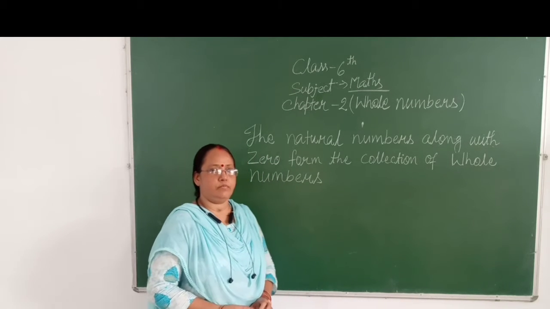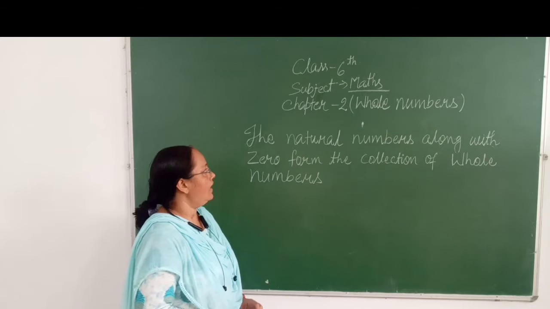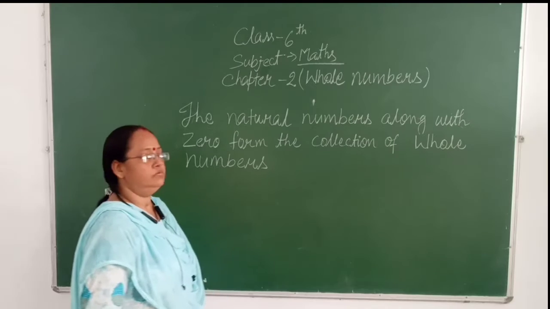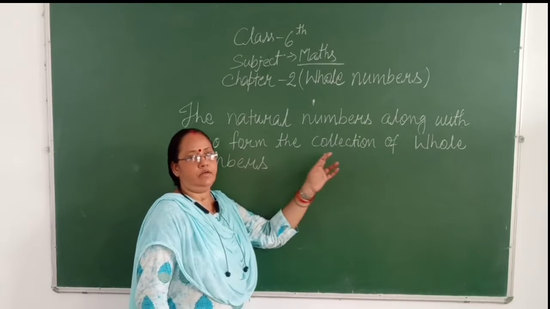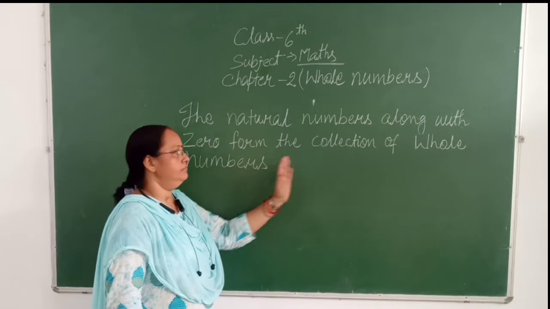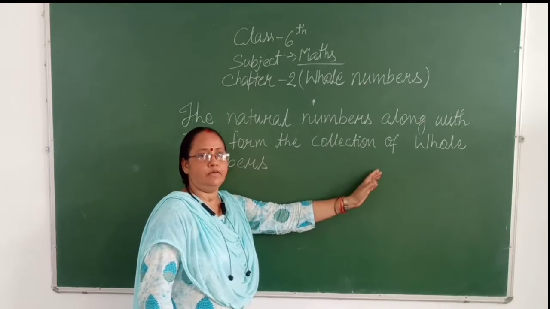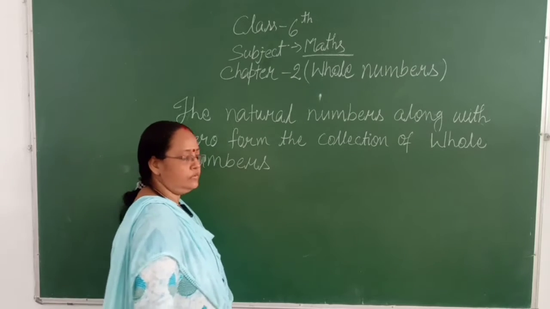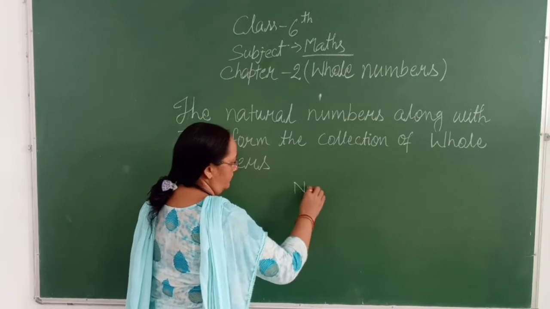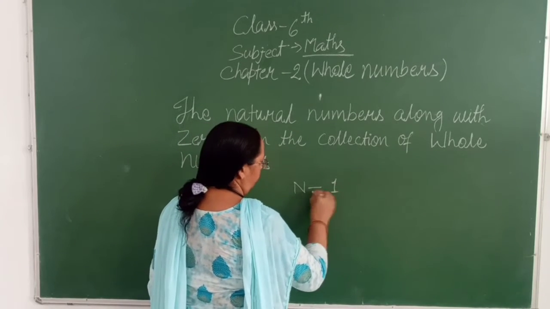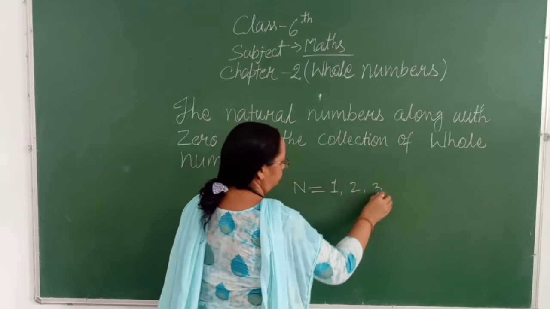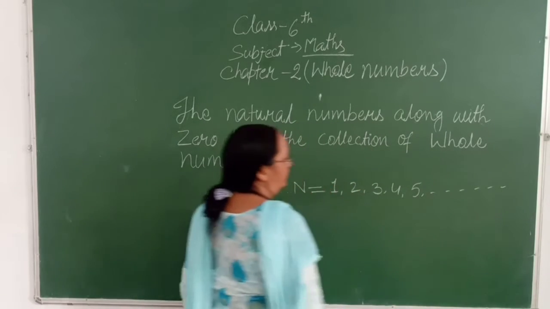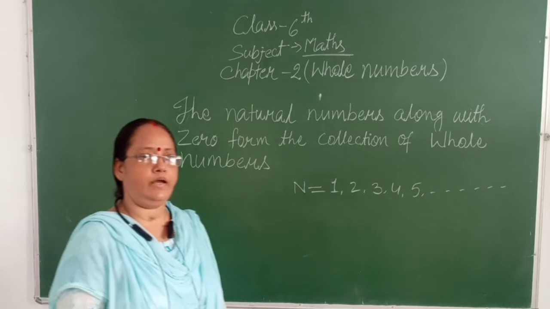This is your mathematics lecture, and today I am going to start chapter 2, whole numbers. The natural numbers along with zero form the collection of whole numbers. As you know, students, all counting numbers are natural numbers, and natural numbers are infinite.